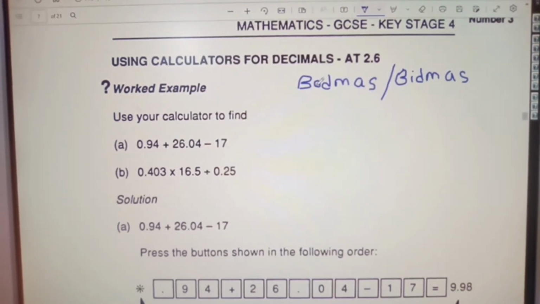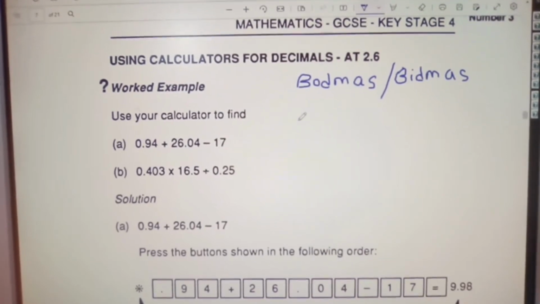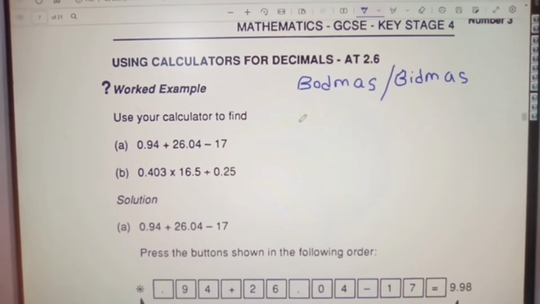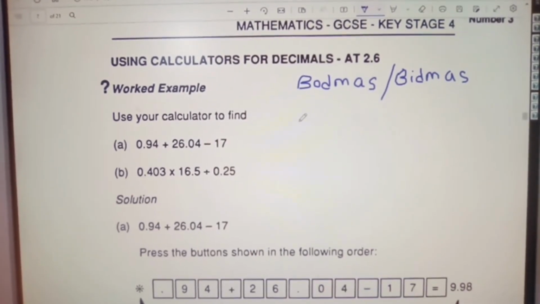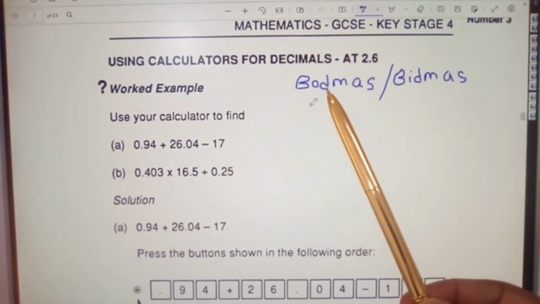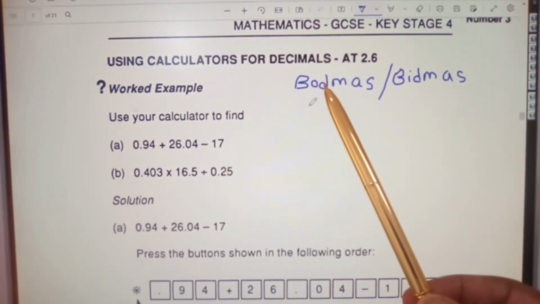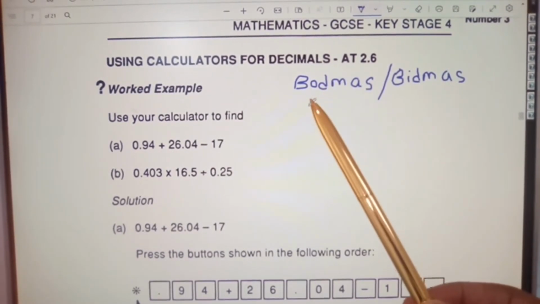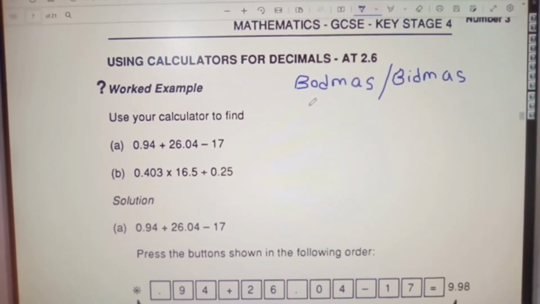Other functions like open brackets, close brackets, division, multiplication, addition, subtraction. So it means that multiplication and division must always be done before addition and subtraction. That's what it means in regards to BODMAS.